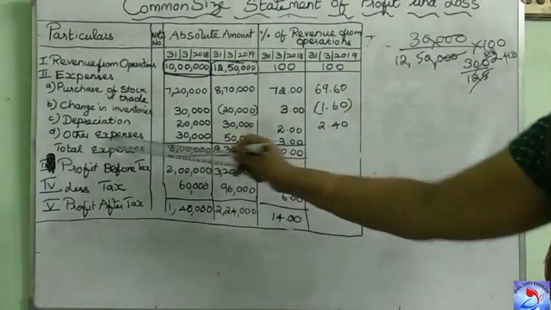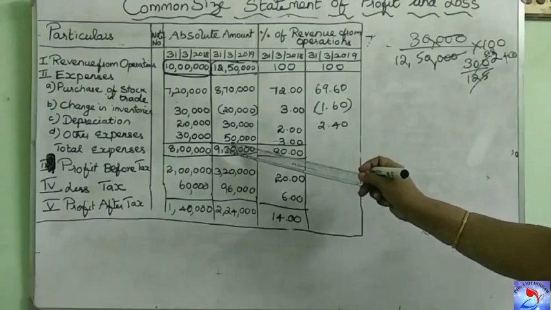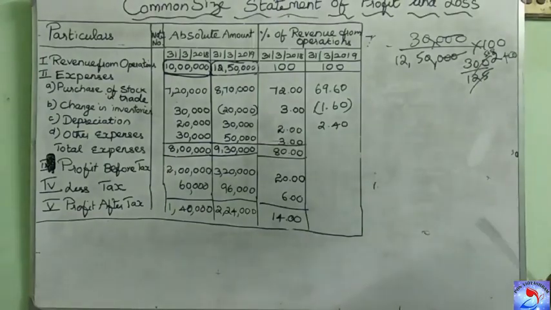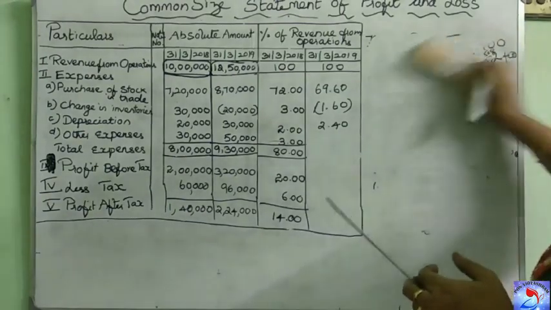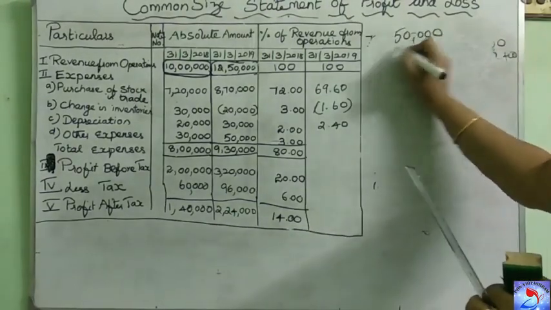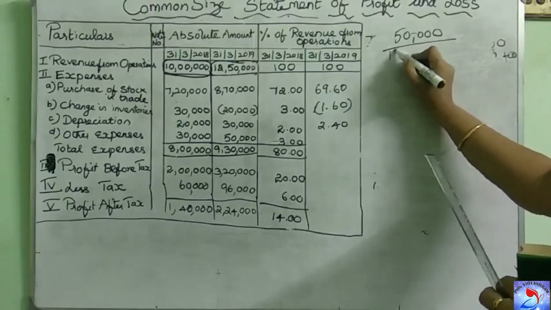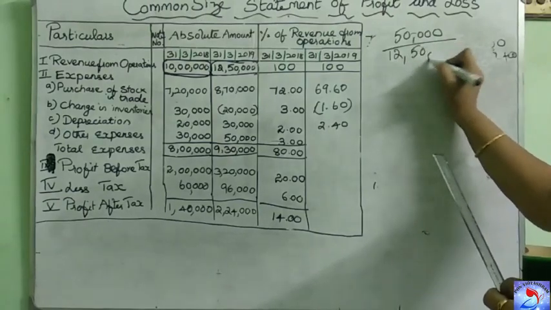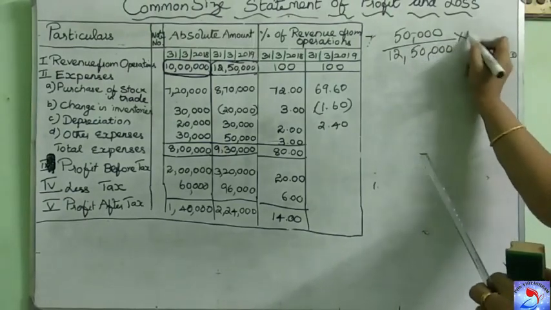Likewise, do it for other expenses. For other expenses, the amount is 50,000. The base amount will be your revenue from operations, 12,50,000 into 100.